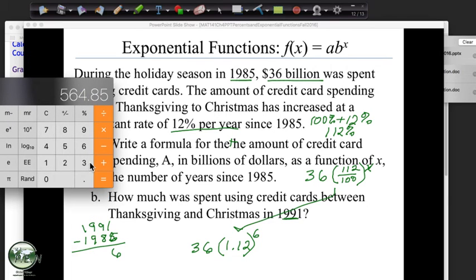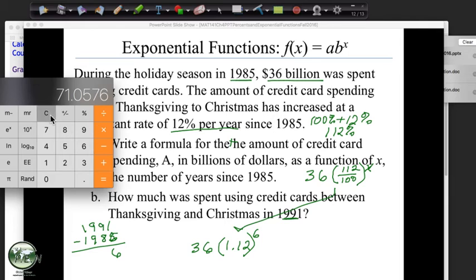And you just plug it in, 36 times 1.12, and there's an exponent somewhere. Where's the exponent key? Here, x to the y. Raise that to the 6, and I think we hit enter. Is that right?